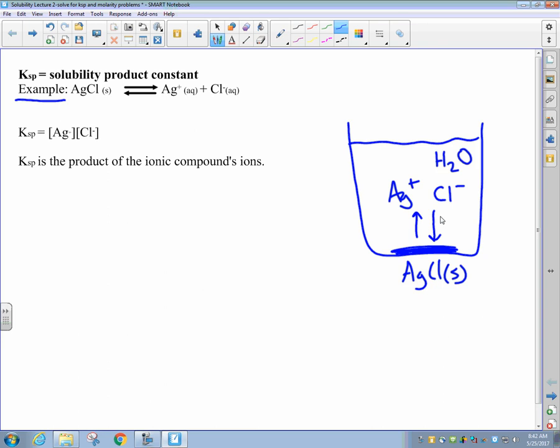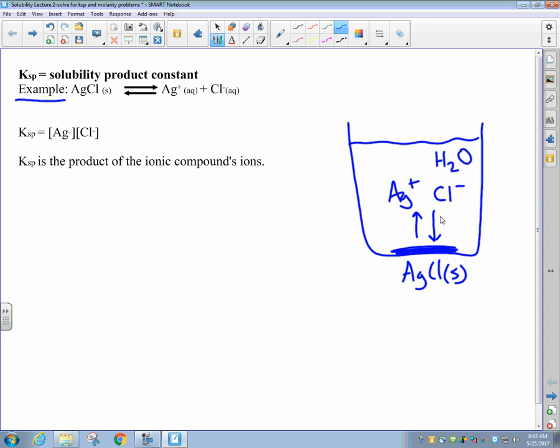The issue here is that for insoluble compounds, your reactant is always going to be a solid. And as we know from our equilibrium unit last unit, solid concentrations do not play a role in the calculation of the law of mass action. So ultimately what we end up with is the product of the ions equals our K value.